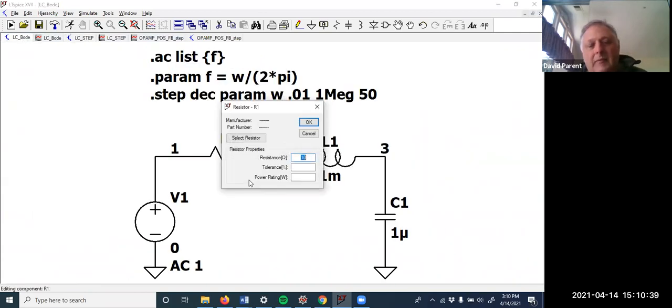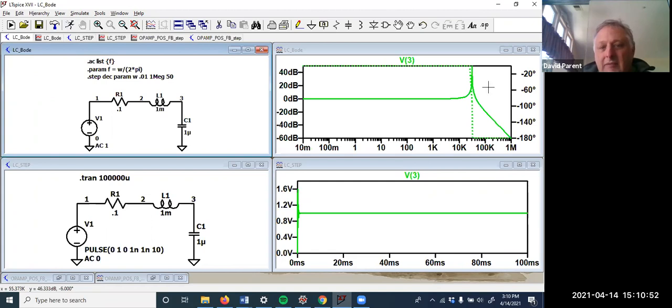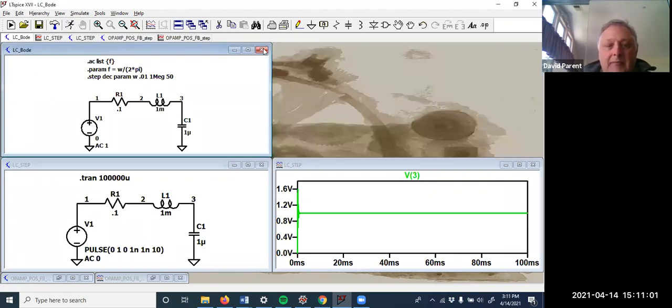All right. And it's getting quite sharp. All right. So, but now let's look at that in the time domain.